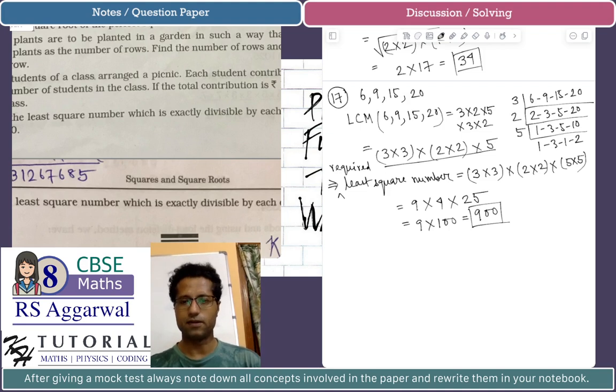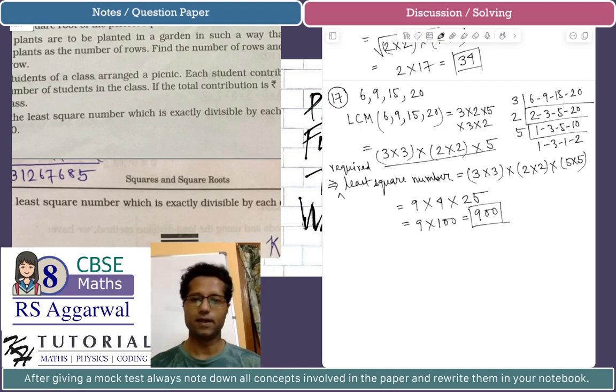So we rearrange the prime factors of the LCM to make pairs of equal factors, and the product of the prime factors not part of any pair will be the least number we should multiply the LCM by, so that the product will be the required least square number.